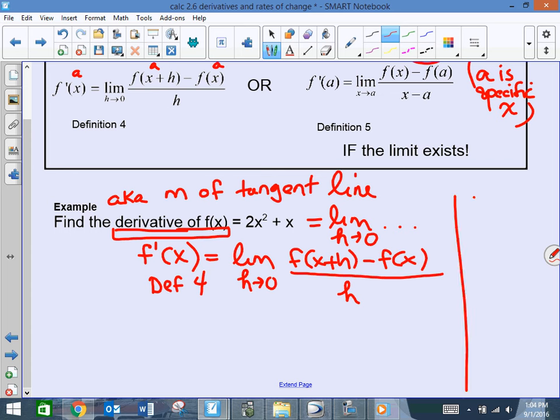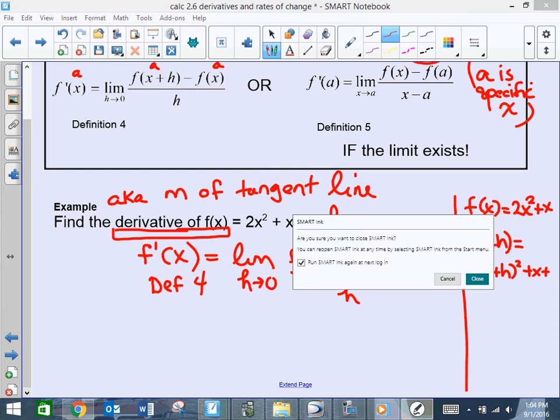We've got f of x, that's 2x squared plus x. What's f of x plus h? Good.